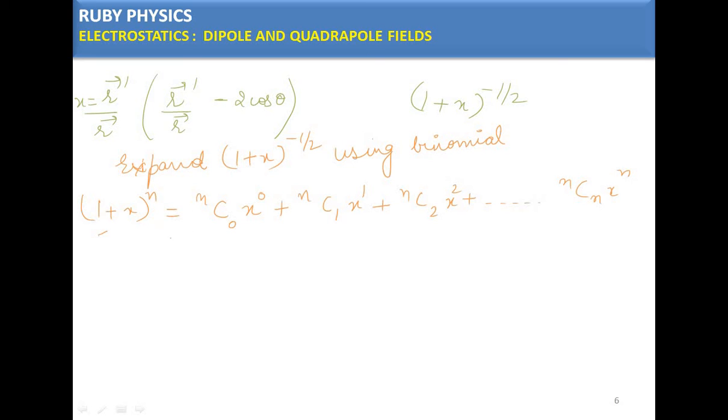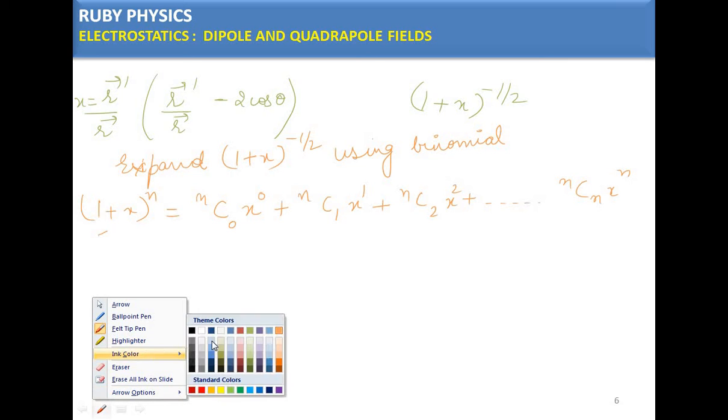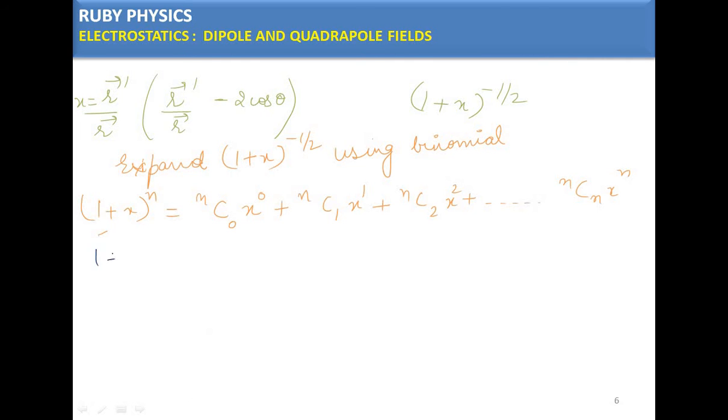Similarly, in our case n is minus 1 by 2, so 1 plus x to the power minus 1 by 2 will be equal to, with n as minus 1 by 2, I am going to find out all the terms one by one here.